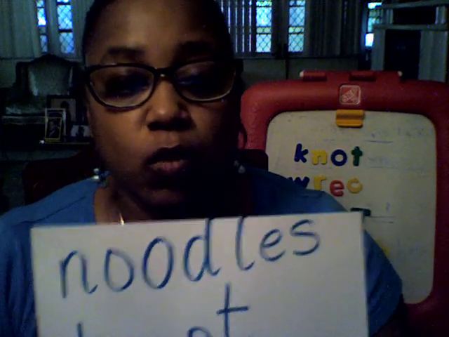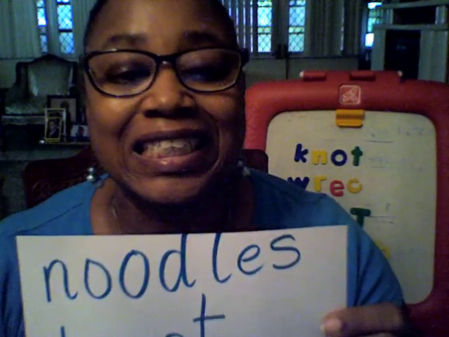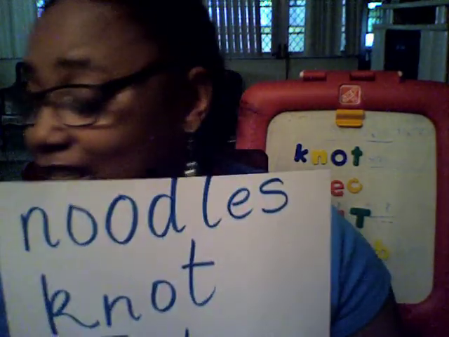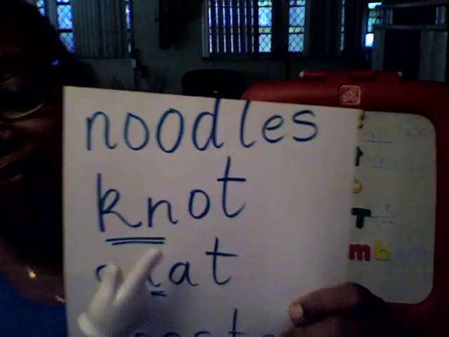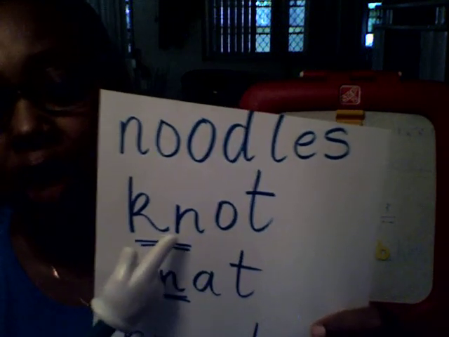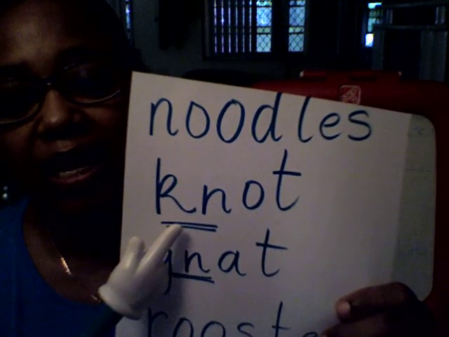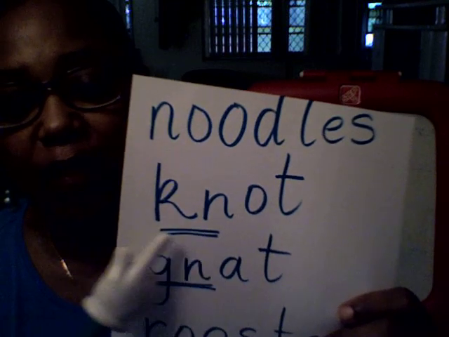Noodles. What sound do you hear in noodles? You hear the N at the beginning. So that's the same sound that our digraph KN makes. Even though you see a K, we don't say cannot. No, not cannot. We say N. KN makes an N sound.